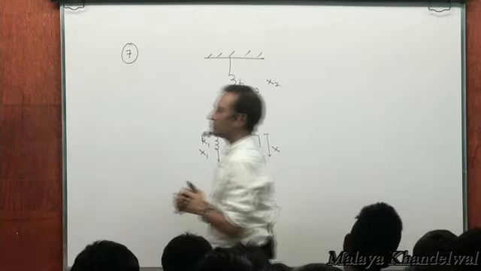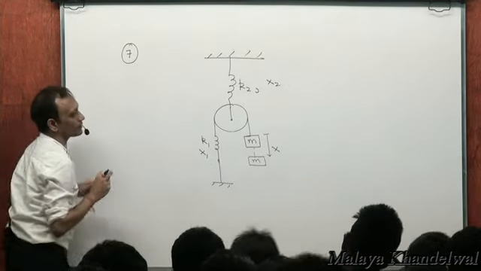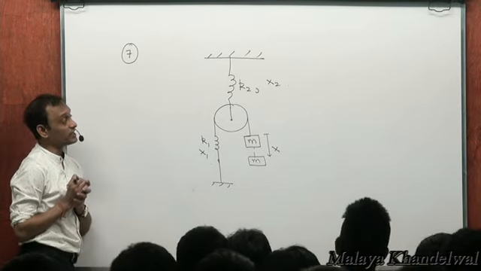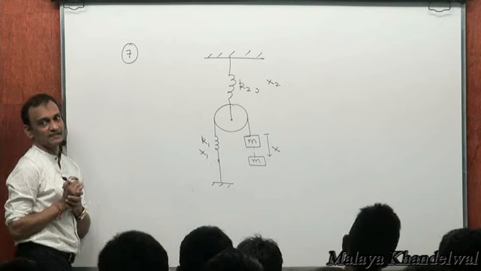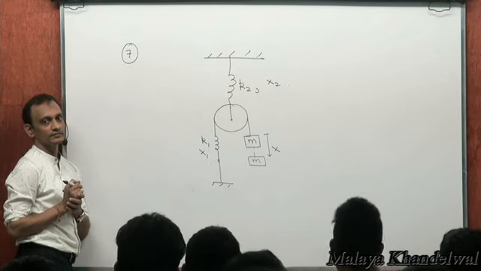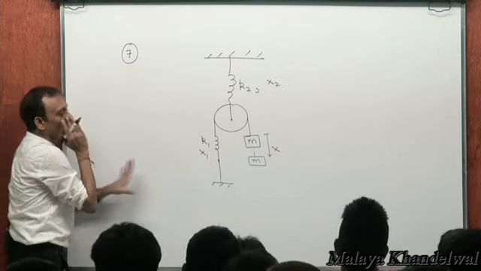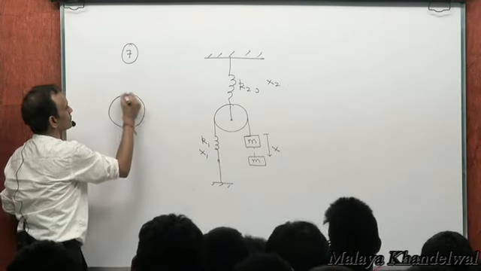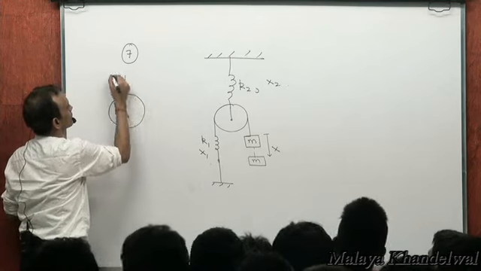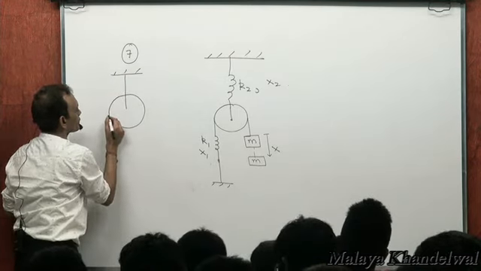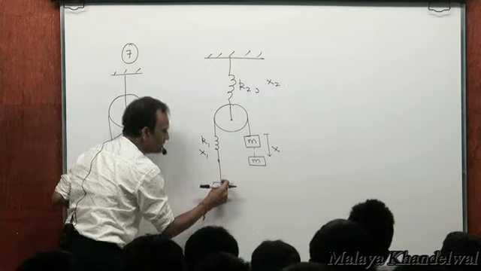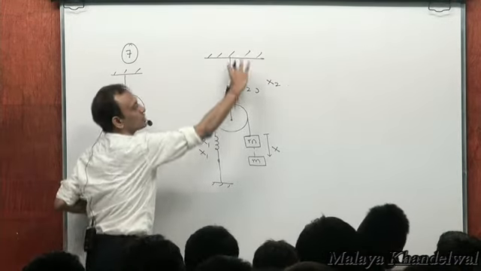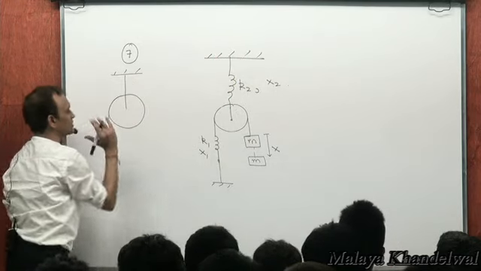Let's look at a relationship connecting x1, x2 and x. Think of it like this. For a moment, imagine that this was just a string. This didn't elongate, and this elongated by an amount x2.